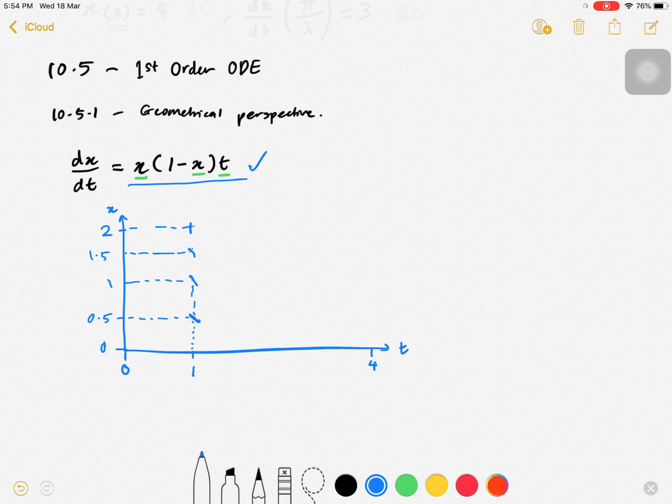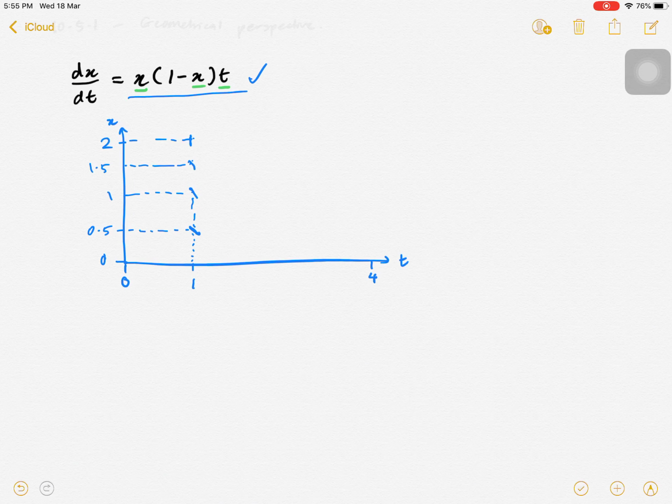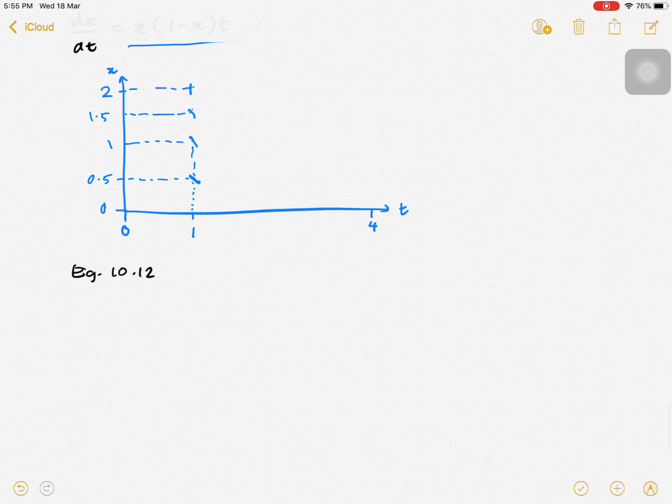Okay, so we can go to example 10.12. Now in this problem, the condition is given.